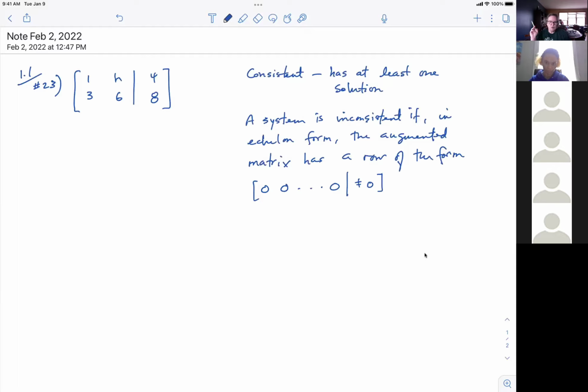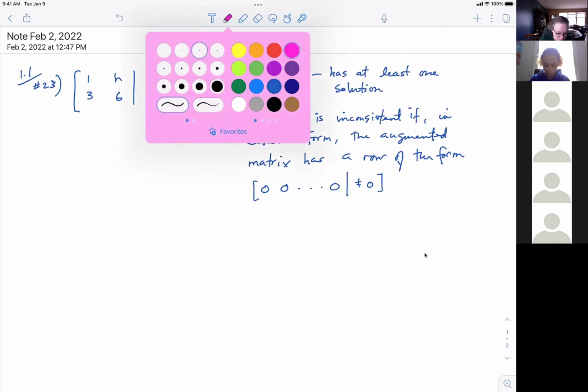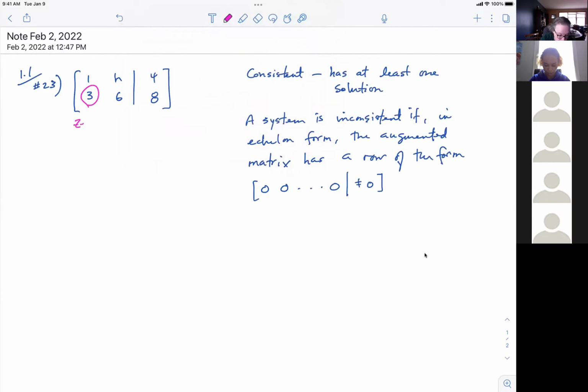We start up here in the upper left, and we want to get a non-zero value there if we can. And we already have one, so we're done with that part. Then once we have that non-zero value, we want to zero out underneath. So what we want to do here is zero out this position.